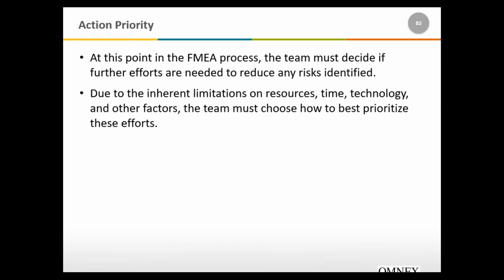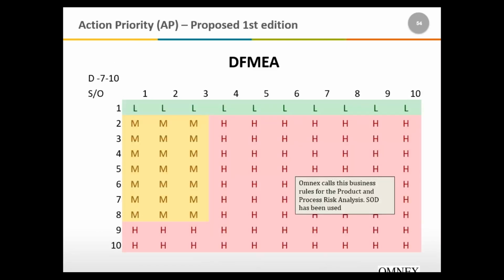The new edition now comes up with a series of tables, and the tables are indexed, again, 3 layers. In this case, the rows and columns are severity going vertically, occurrence horizontally, and this is for if you have a detection value of 7 to 10.